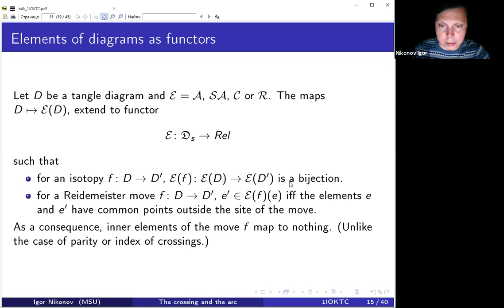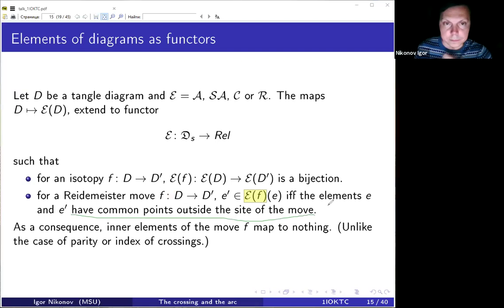If we have a Reidemeister move, then we define the image of this morphism by the functor as a correspondence between diagram elements in one diagram and the other diagram which have common points outside the disk where the move occurs. This means if some small element disappears in the move, then this element corresponds to nothing.